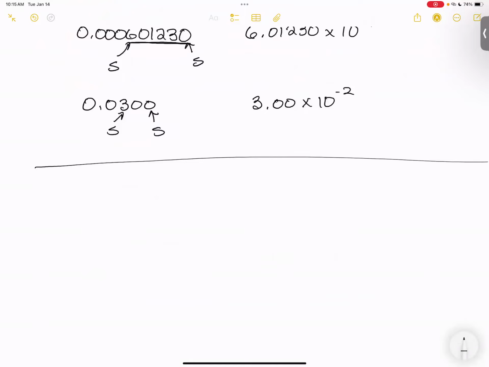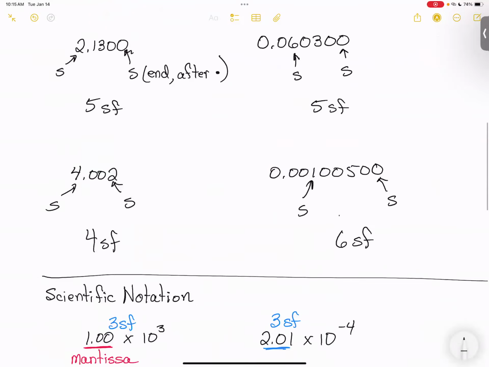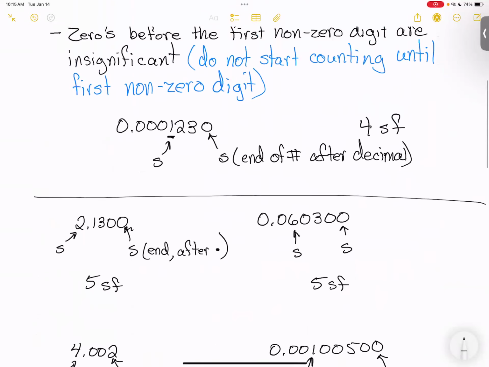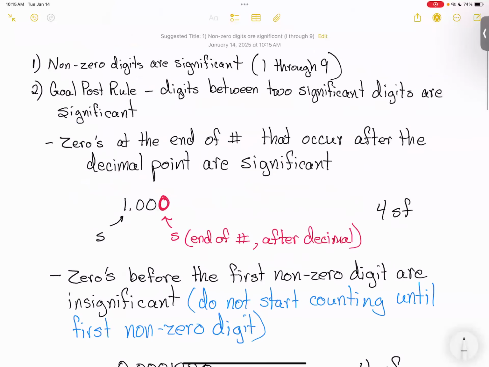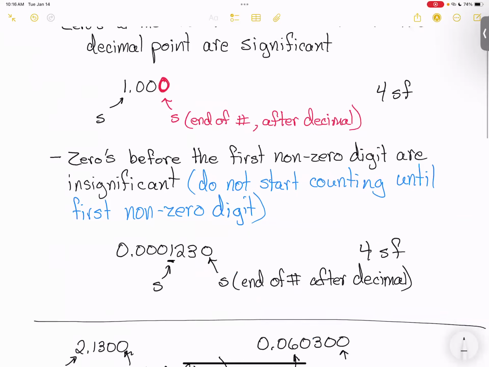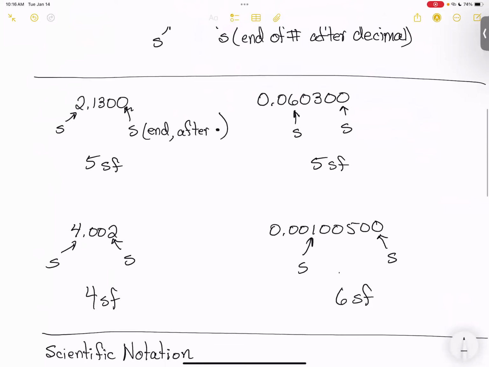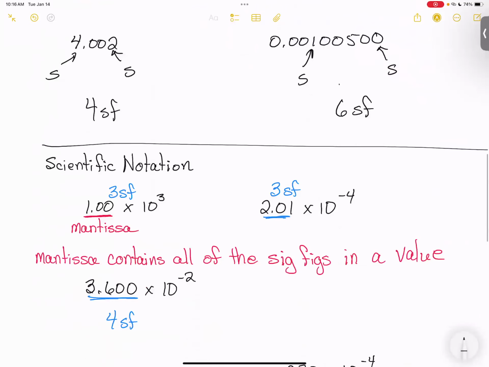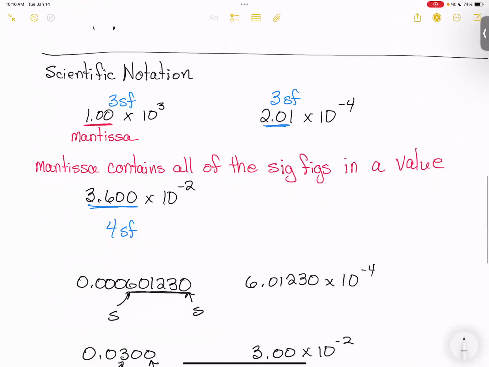Everything I've mentioned to this point has been definitive. It's always the same. Non-zero digits are significant. The goalpost rule stays the same. We just defined a couple of parts of the goalpost. And the scientific notation stays the same.